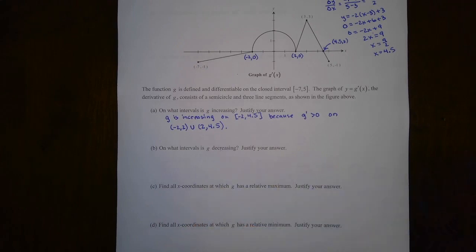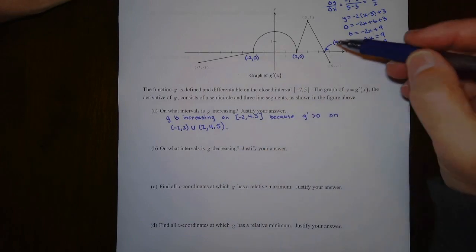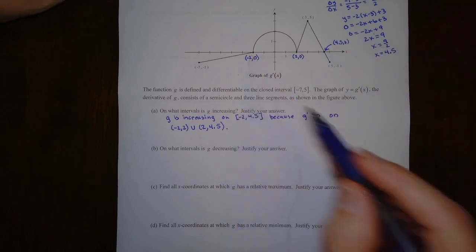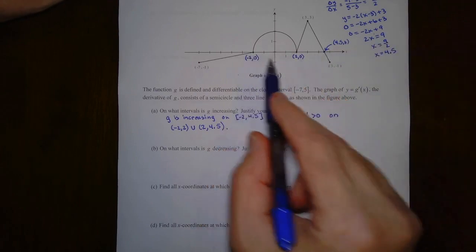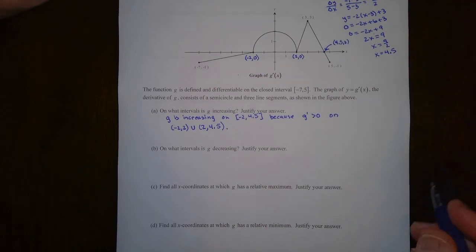We're going to look at the graph of g prime of x, and we want to know where g prime is negative. Well, it's negative from negative 7 to negative 2, and then from 4.5 to 5, right? But not at 4.5, but not at negative 2. But those points right there, we are going to include to say where it is decreasing, okay?